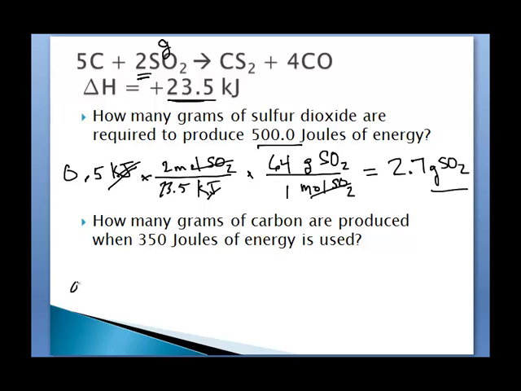Again, I'm going to write this as 0.350 kilojoules. So I'm going to put kilojoules in the denominator, and it's 23.5 kilojoules per mole. And again, we're looking for carbon now, so I'm going to go up to the balanced equation.